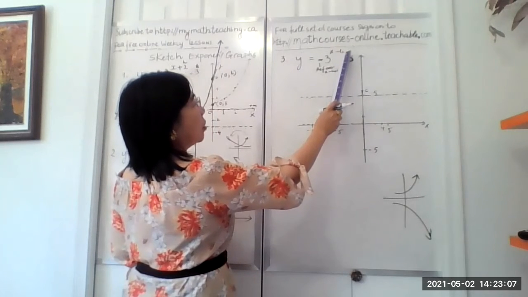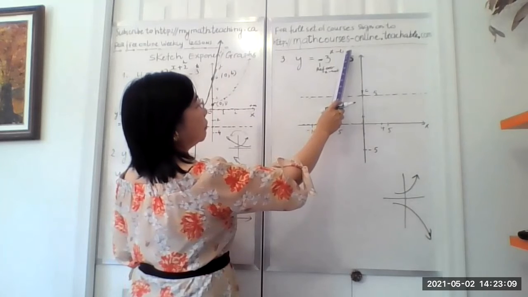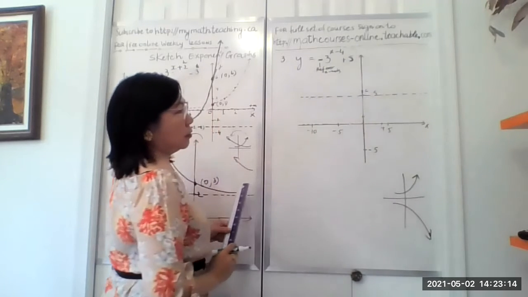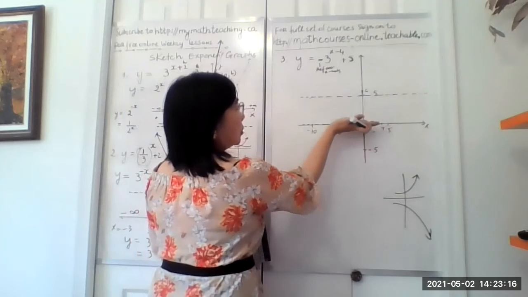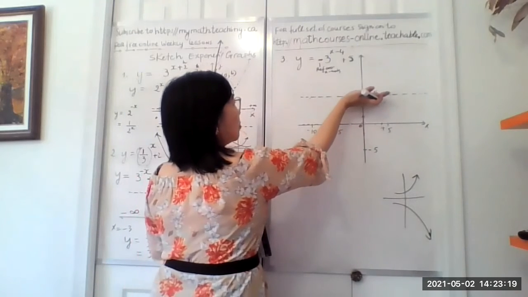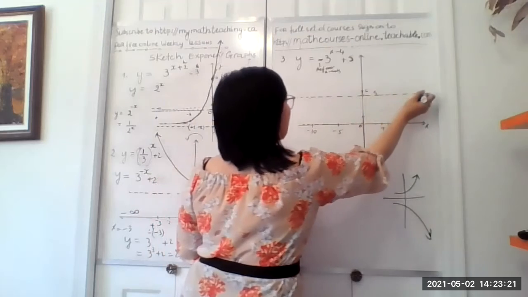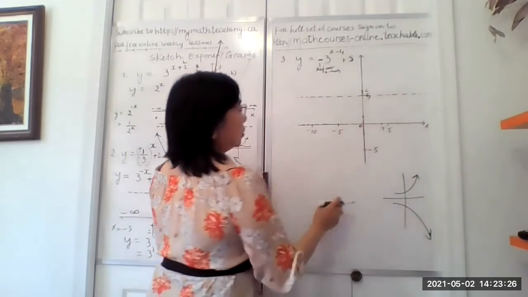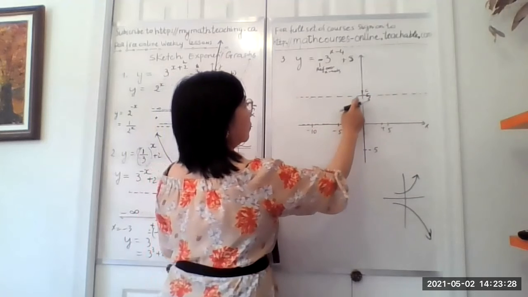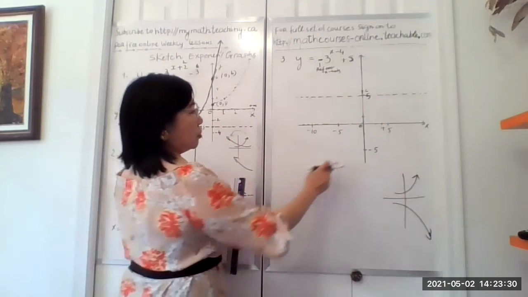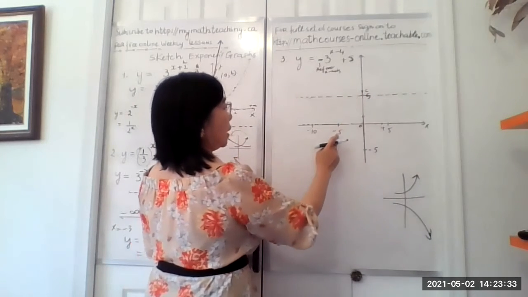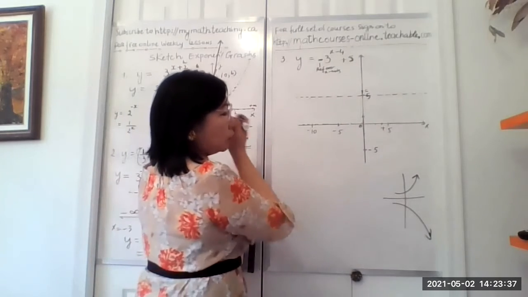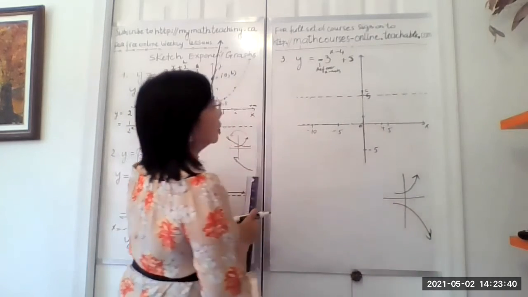We also have a horizontal shift to the right by 4 units and a vertical shift up by 5 units. So the horizontal asymptote will shift up here, and therefore I sketch this horizontal asymptote. I scale 5 for each unit. So this is -5, this is +5, -5, -10. Okay, so now we know the graph will look like that.